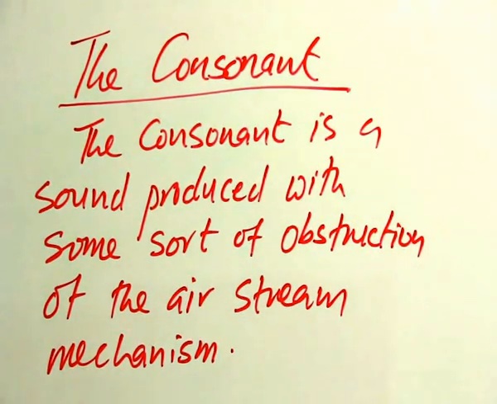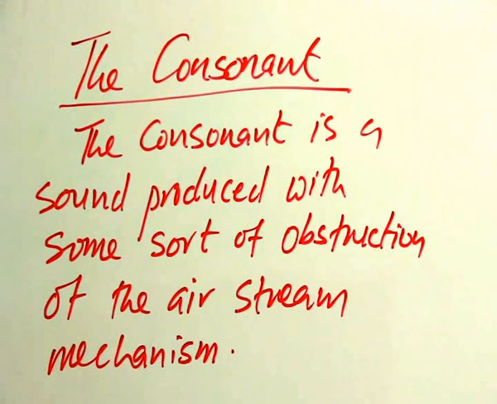So, we obstruct this airstream through the various speech organs. It could be with the lips, it could be with the lip and the teeth, it could be with the tongue against the velum, it could be a closure of the oral cavity and the opening of the nasal cavity, and so on and so forth.